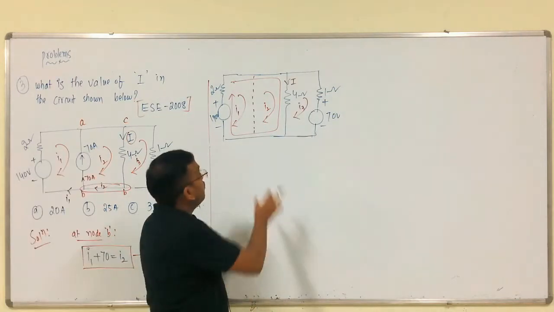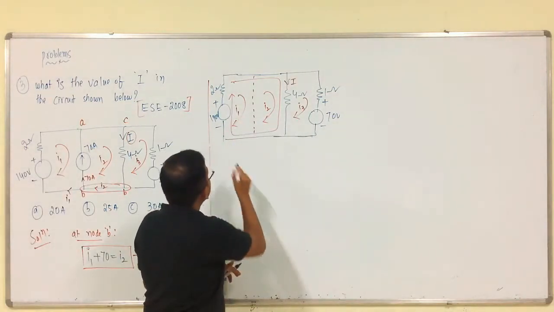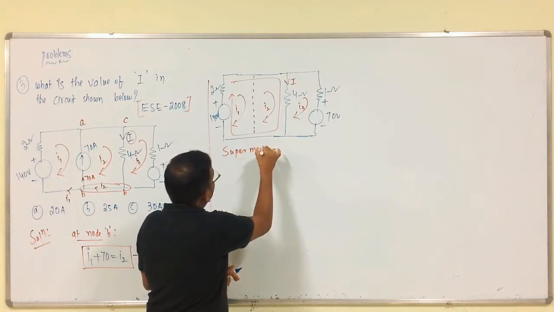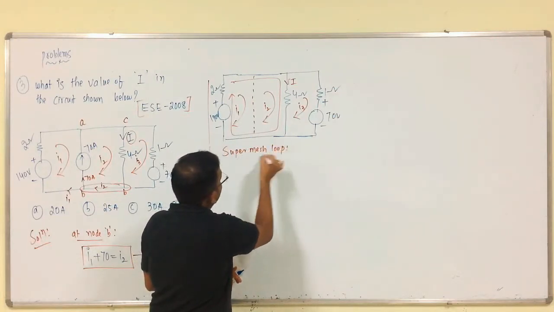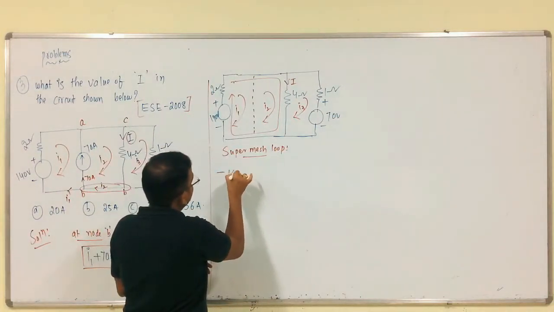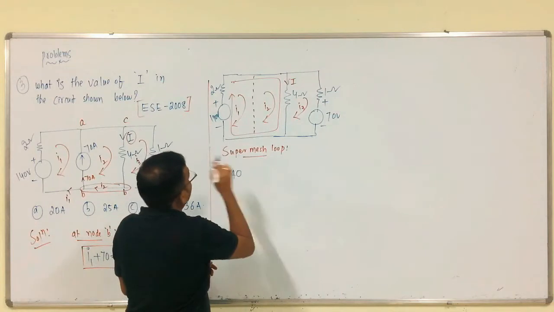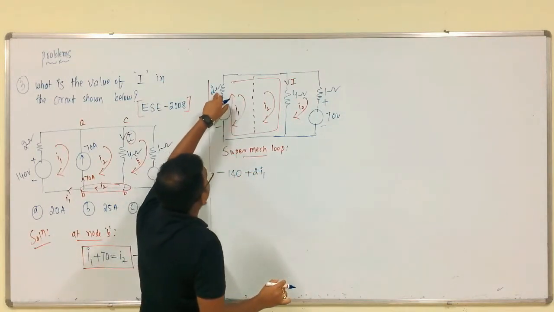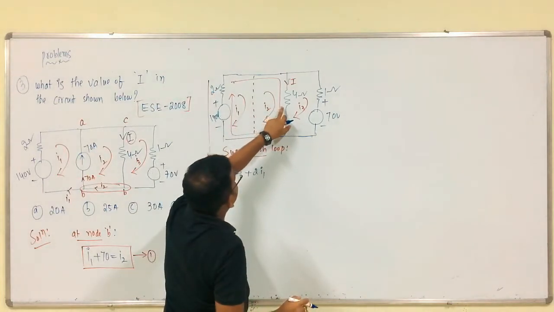So, from this super mesh loop, minus 140 plus 2 into I1 plus the current through this branch.